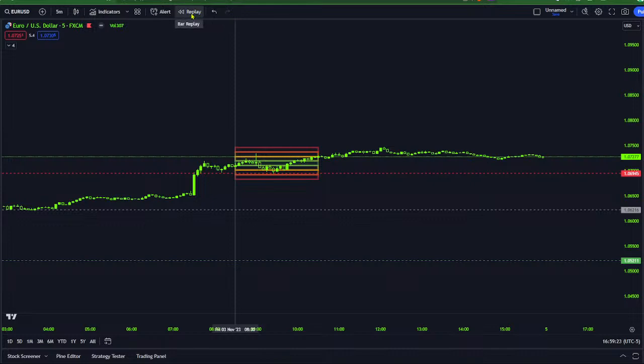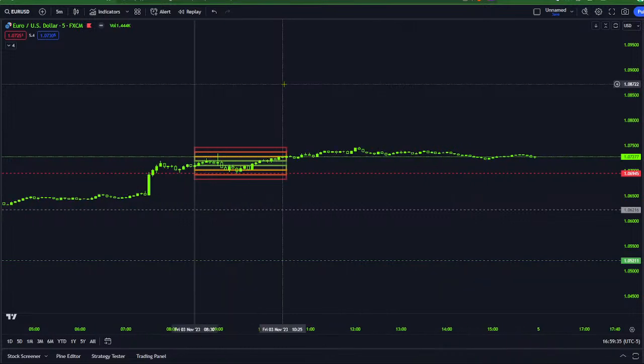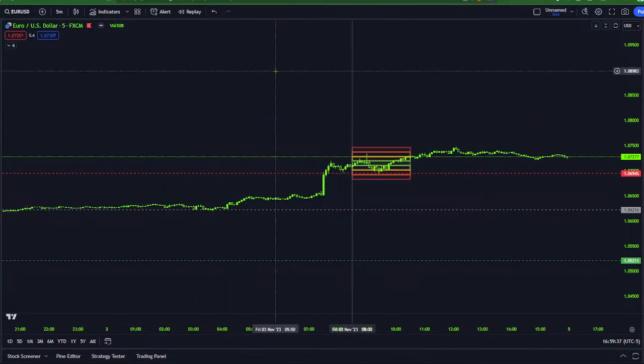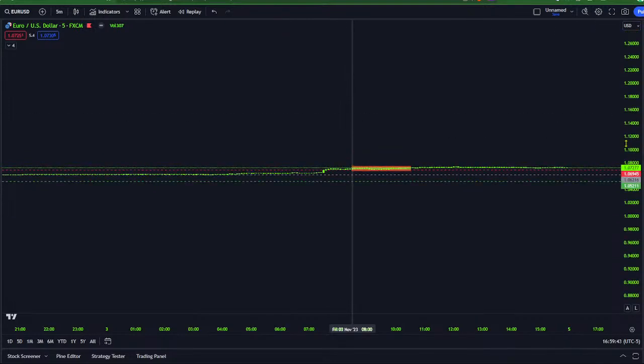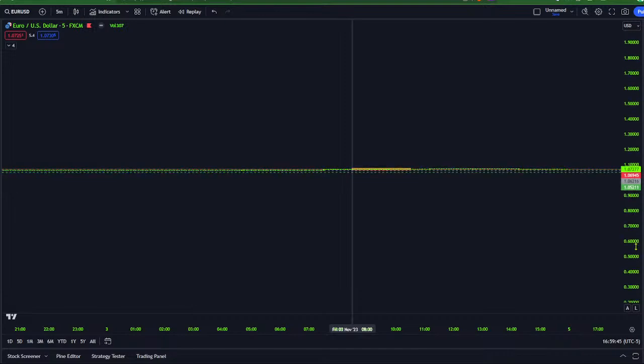Hopefully the music's not too loud, otherwise I can turn it down a little bit. We're starting off on the 5-minute chart, and we're just going to mess around, do a little bit of exercise. So we want to just flatten this out as much as possible.